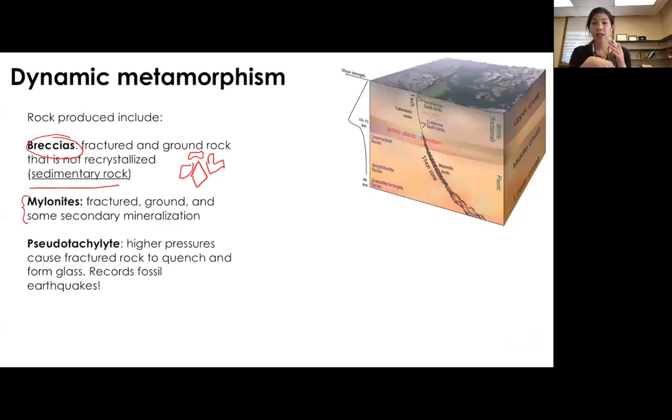If we get to even higher pressures during dynamic metamorphism, we form something called a pseudotachylite, which is so fractured and ground and pressurized that it actually forms a glass-like form. These almost look like layers of glass within the Earth's subsurface, and they record these fossil earthquakes, times when we had really high pressures over a very small zone.